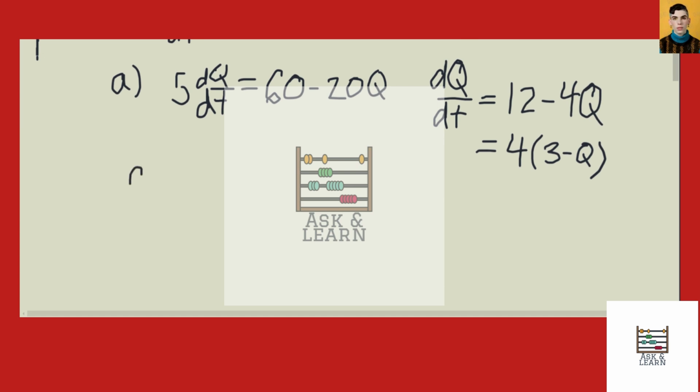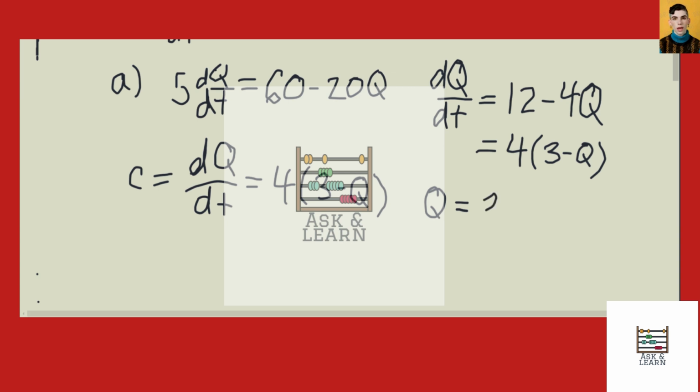If we take C to be some real number, which is dq dt, then for the slope to have this value, it must be that C is equal to 4 times 3 minus q. So in particular, Q must be equal to 3 minus C over 4.